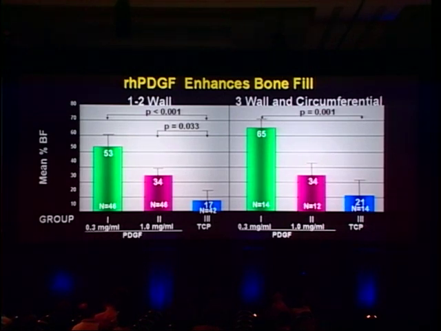But even in the easier to fill 3 wall defect, look how the 0.3 milligram per ml outperformed the other 2. And even in the more difficult to fill 1 and 2 wall defects, the 0.3 milligram per ml was highly significant over the other 2 defects. And even in these difficult defects, we got 53% bone fill.